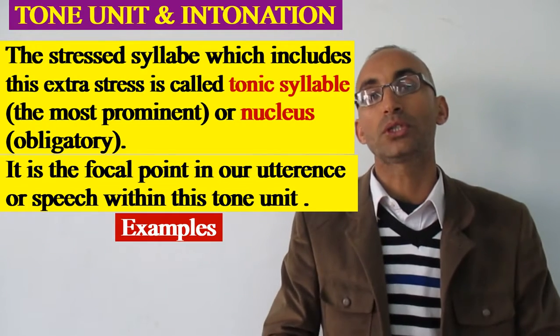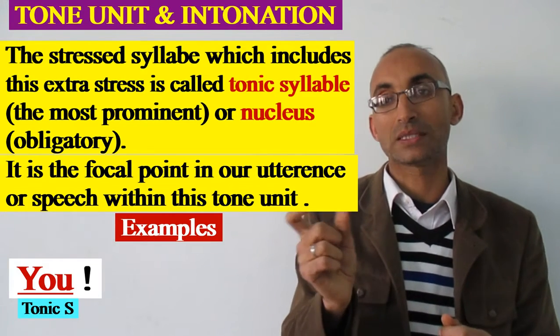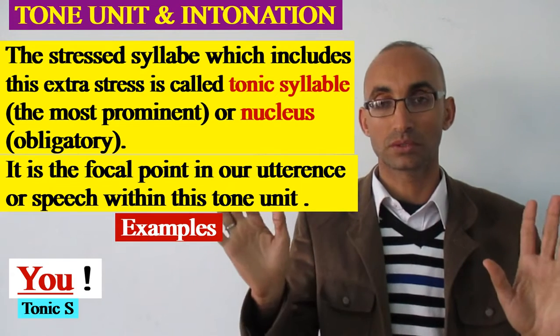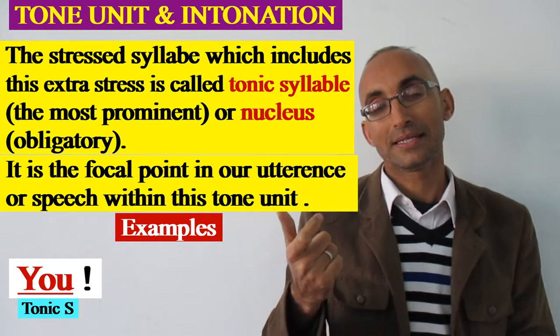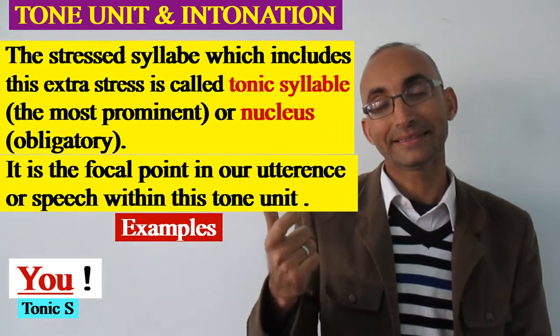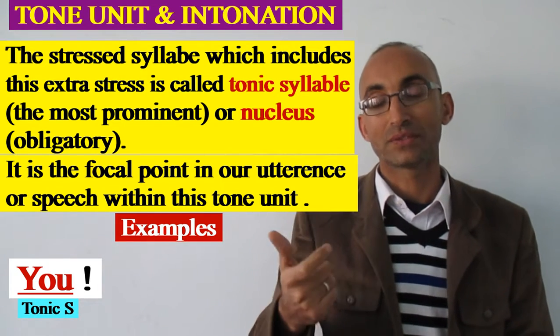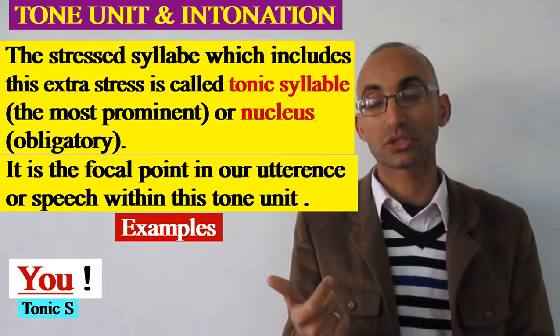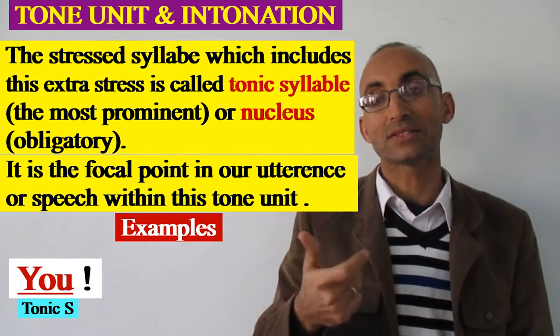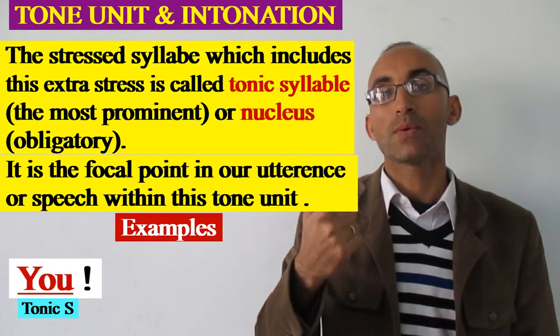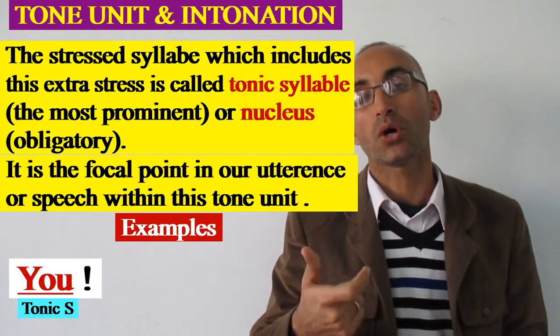Clear? Example. I have the example "you," as a one syllable utterance, alone. Here, "you" consists of one syllable, and as it's alone, it is carrying the intonational accent and stress, and it is our tonic syllable or nucleus.